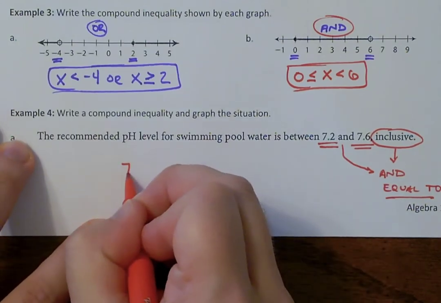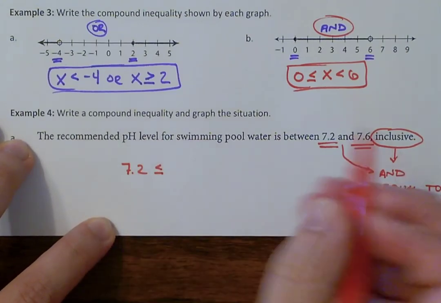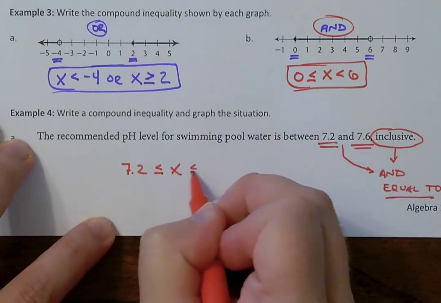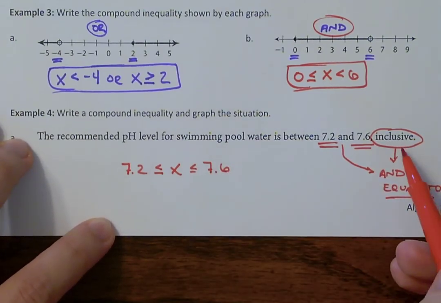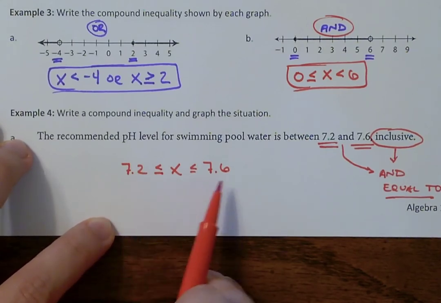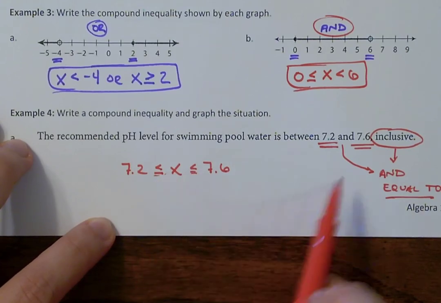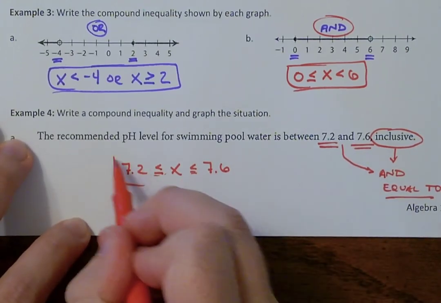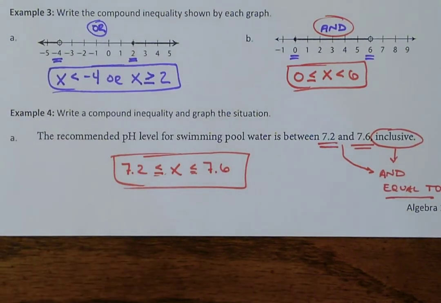So we're just going to take 7.2 is less than or equal to x, which is less than or equal to 7.6. Inclusive implies that I can have it be 7.2 or 7.6, so I need to have the equal to sign for there. And that is our story problem for our notes today.